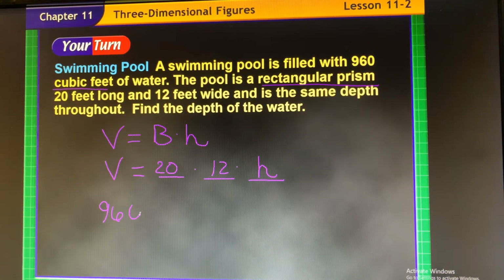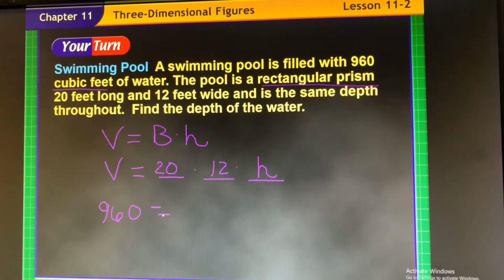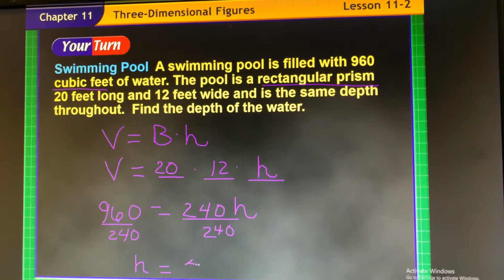So 960 is equal to, multiply those two numbers together, 240 H, and then go ahead and solve for H. So 960 divided by 240, and I have the height, or the depth of the pool, is 4 feet.